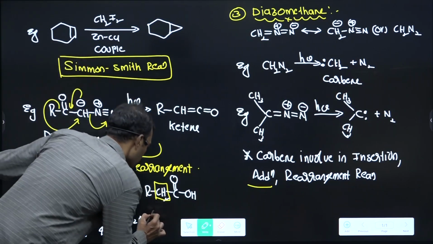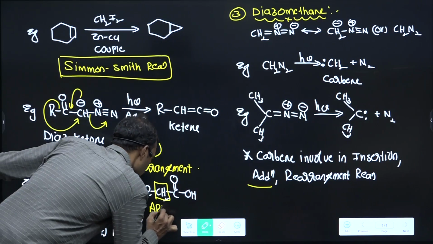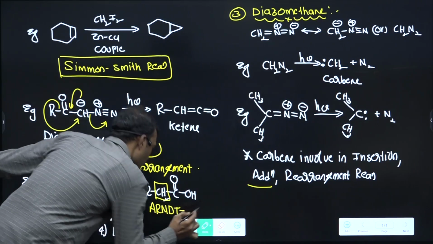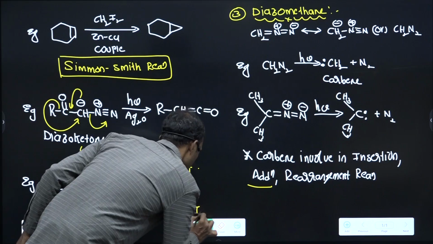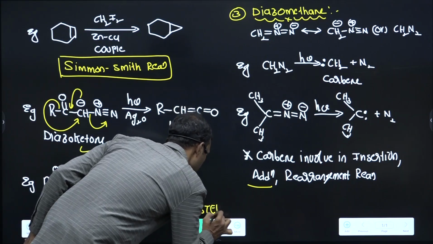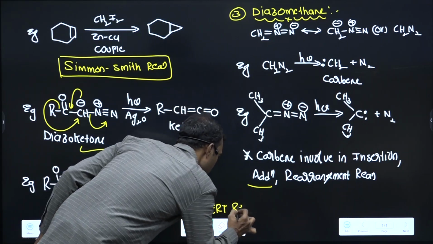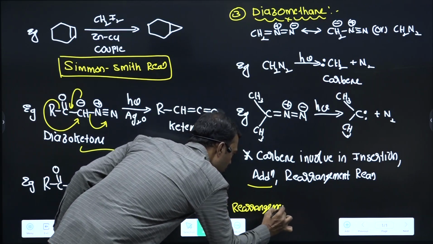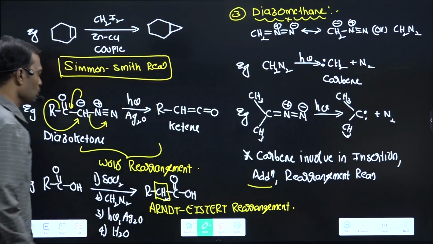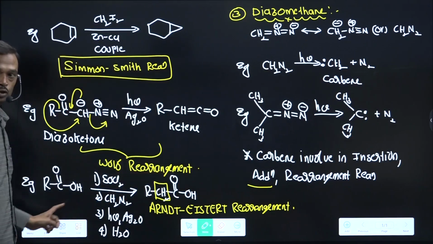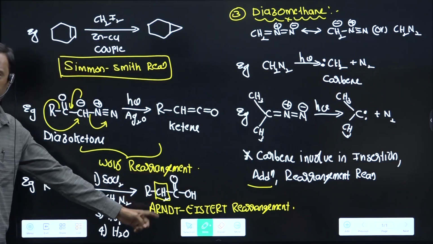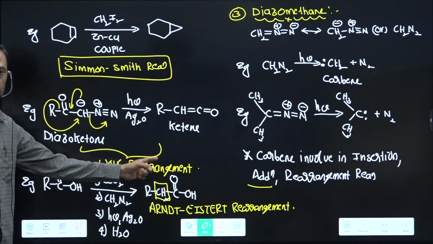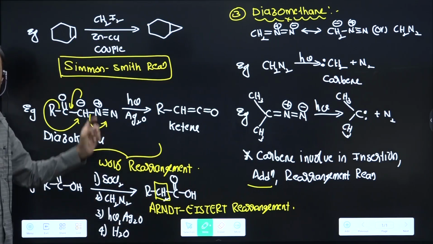So this is called Arndt-Eistert rearrangement. Total reaction: homologation of carboxylic acid is Arndt-Eistert. Diazoketone to ketene is Wolff rearrangement.